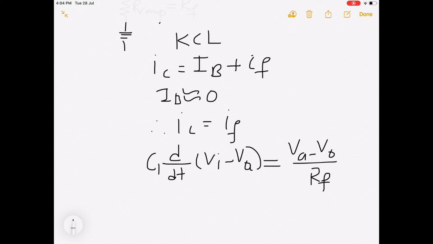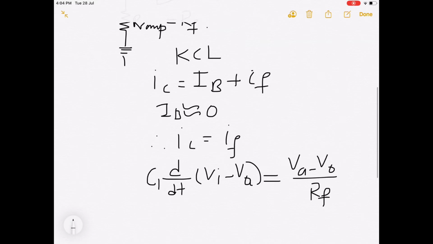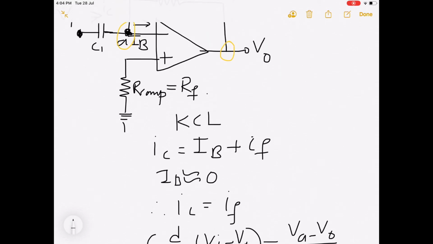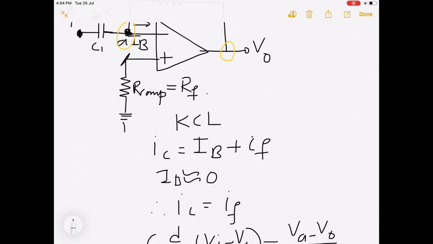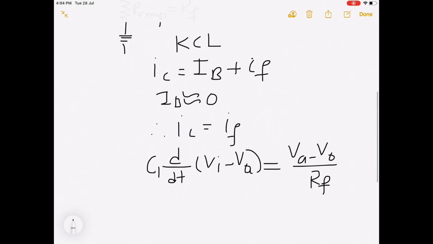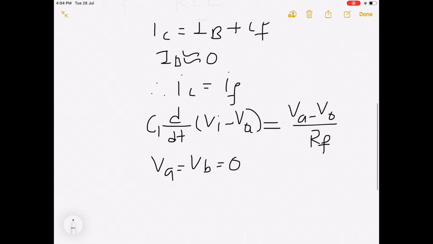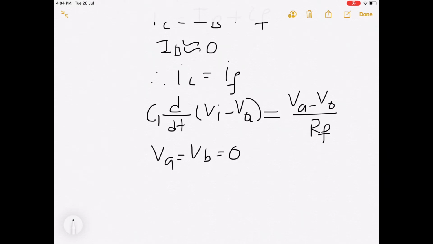By the virtual ground concept, Vb, this point, is grounded, that is why Va is also grounded. So Va is equal to Vb is equal to 0, since A, the gain of the op amp, is very large. Put the values in the above equation.